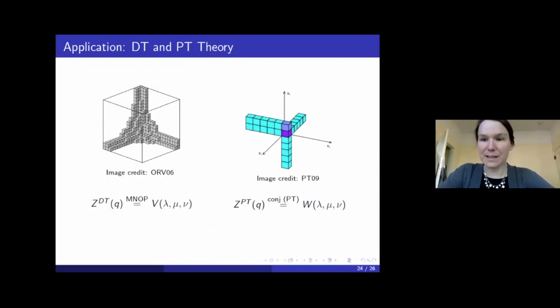On the PT side, the box counting interpretation is conjectural. It's conjectured that the PT generating function is the same as the generating function for these objects called labeled box configurations. With a labeled box configuration, you have this container where again you have 3 infinite legs that are determined by the partitions.